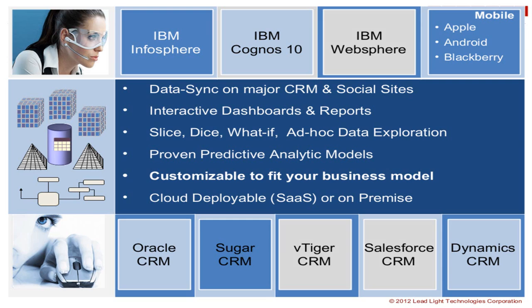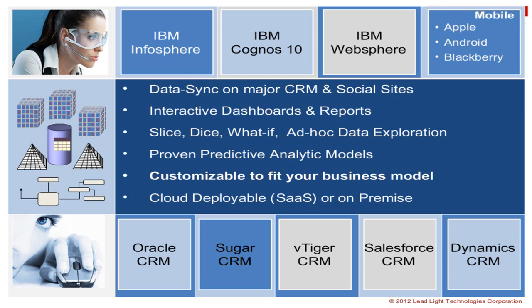Now, let me customize this by discussing our sales lead analytics solution. And what does this do? It provides integrated data from the social networks and CRMs. Maybe it's Sugar or Oracle or Salesforce.com. And it does this through a powerful web-based data exploration with capabilities and native mobile application.